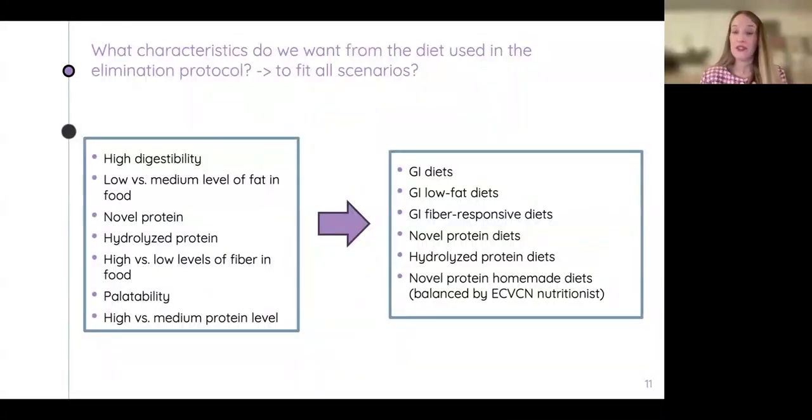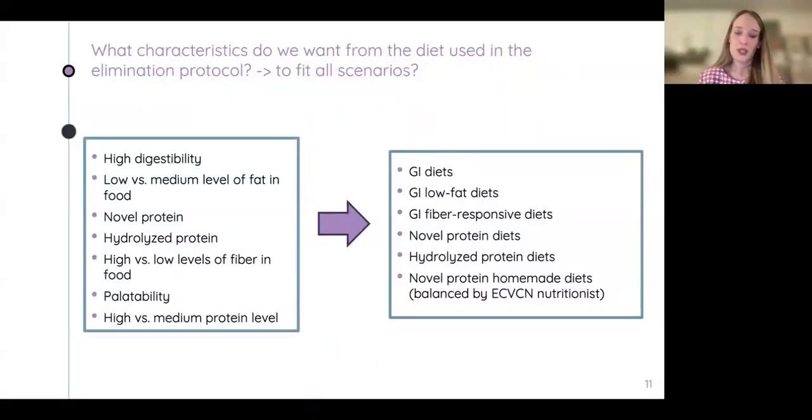And then we have the final modality that we sometimes would use, and that is a novel protein homemade diet, but something that is super important is that it is just going to work if it's well balanced, complete and adjusted for the pathology.